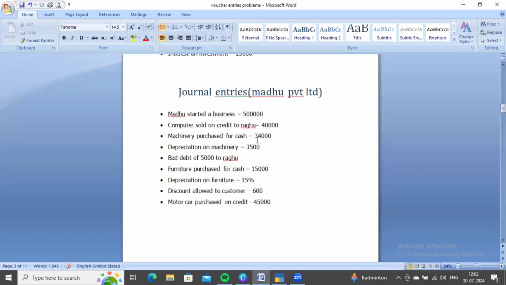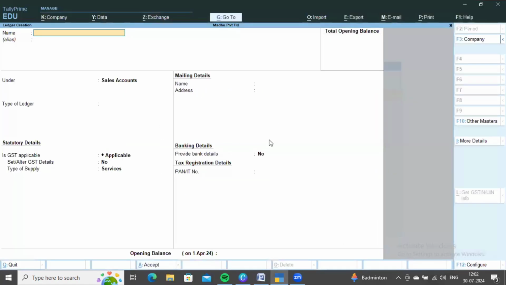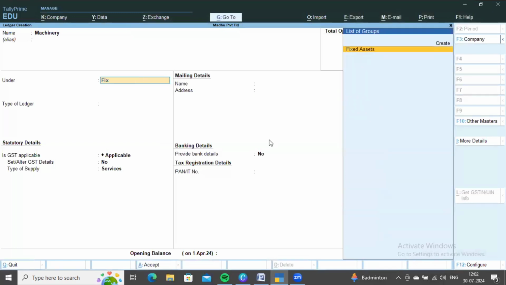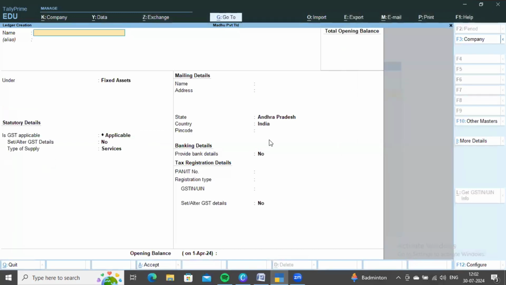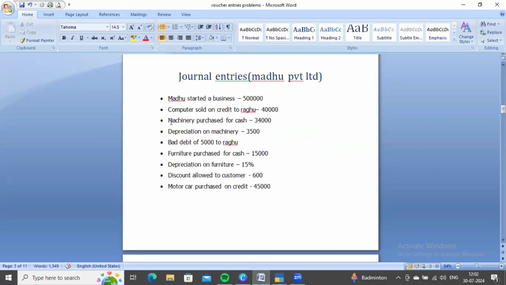Next, machinery purchased for cash. Machinery comes under fixed assets. Here we purchased for cash, so there is no need to prepare a purchase ledger account. Now depreciation on machinery.